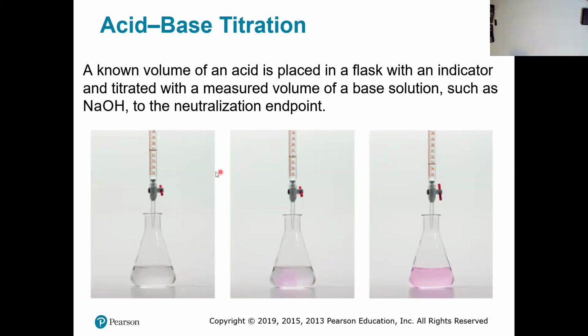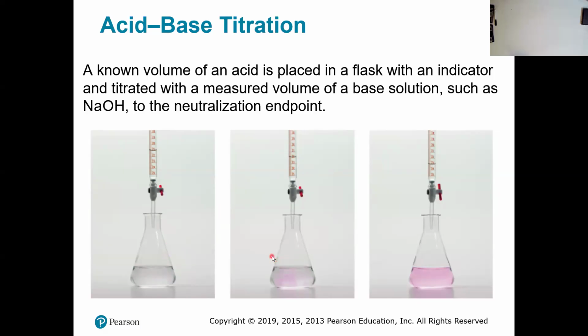And the purpose of a titration is to use a color change to help you figure out when the amount of acid that's in your flask is the same amount as the base that you've added from your burette, when those two amounts of acid and base are the same.